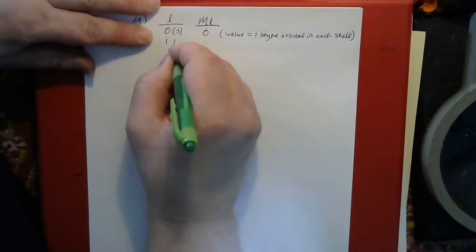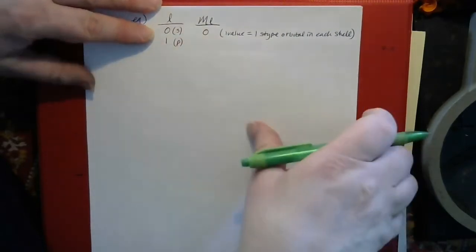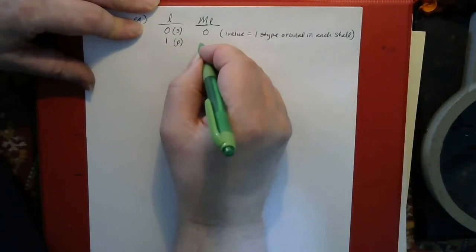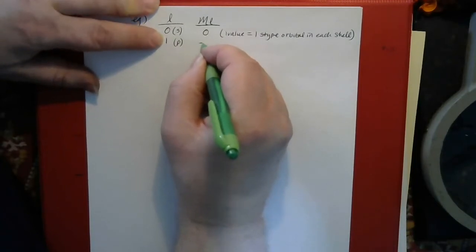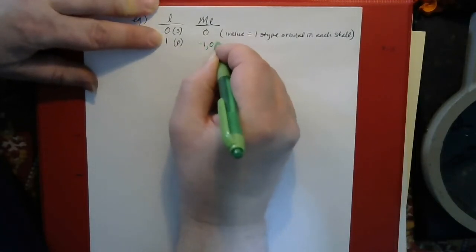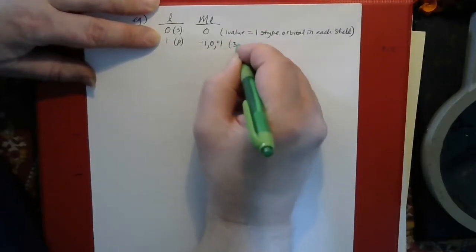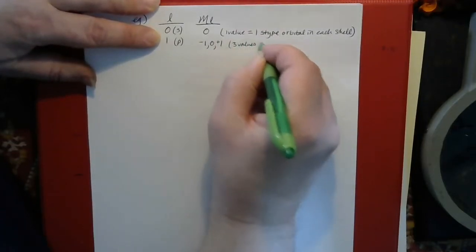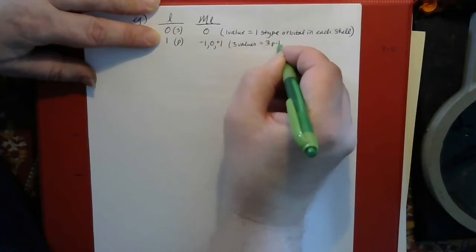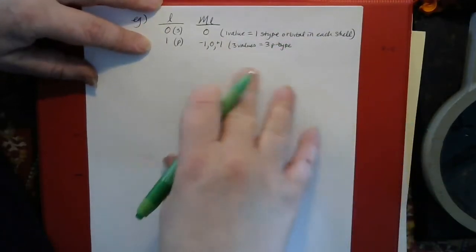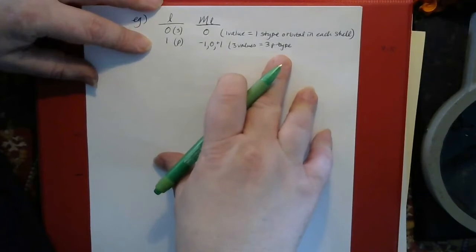If L equals 1, in other words, if you're talking about a p-type orbital, the possible values of m sub L would be negative 1, 0, or positive 1. And that's 3 values, because there are actually 3 p-type orbitals in each shell that has them.